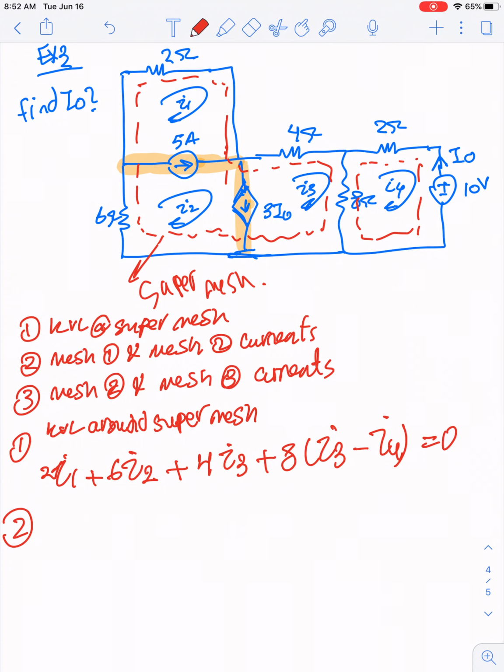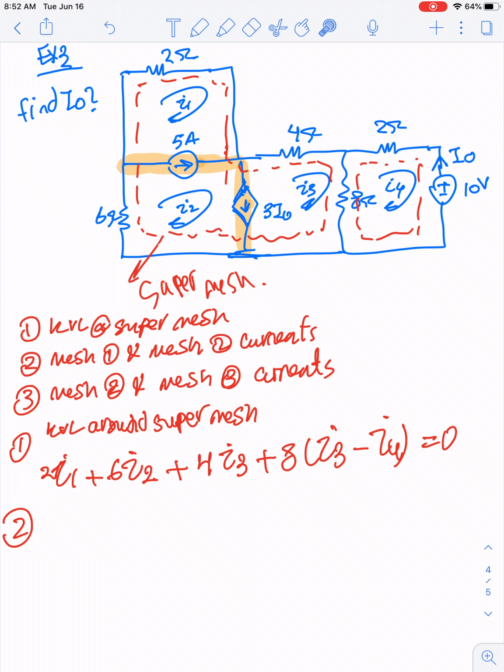The second equation: I have to relate the current of mesh 1, I1, to the current of mesh 2, I2. So in order to do that, I have to find a node in order to do KCL around it. Can I choose this node? No, because this node is common here, I1, 5, and 3 IO, and the current here.